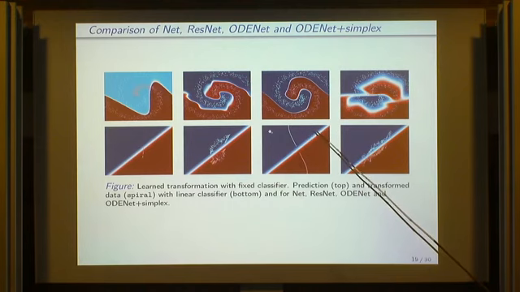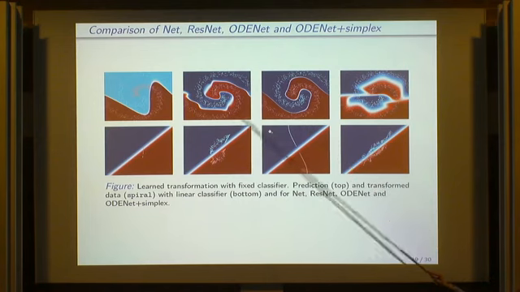So it's a parameter that has been optimized for. And the last one is, again, something like that, but we have in addition a simplex constraint on the step size.